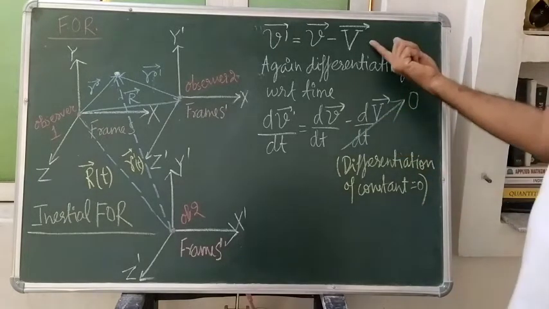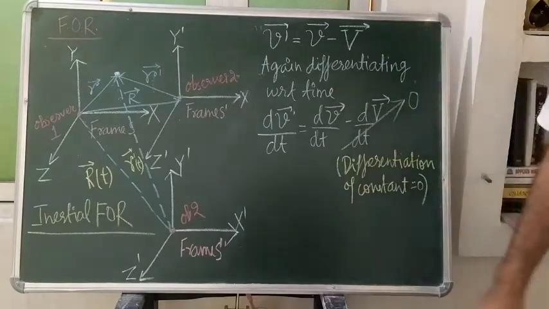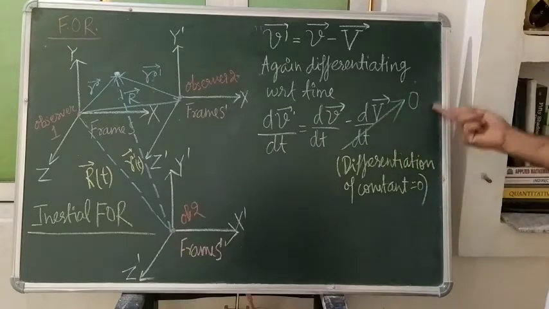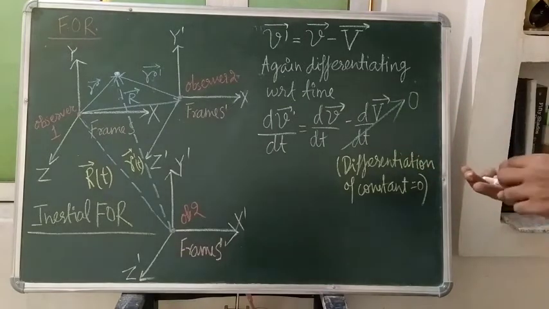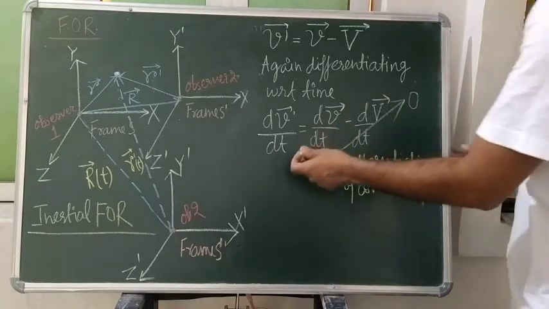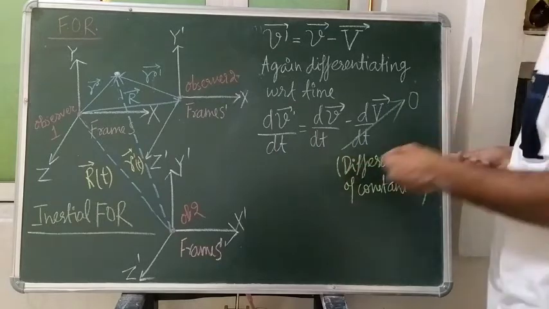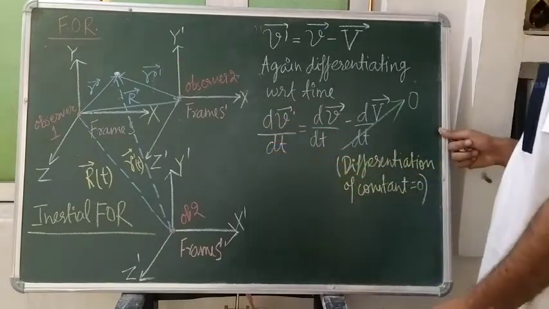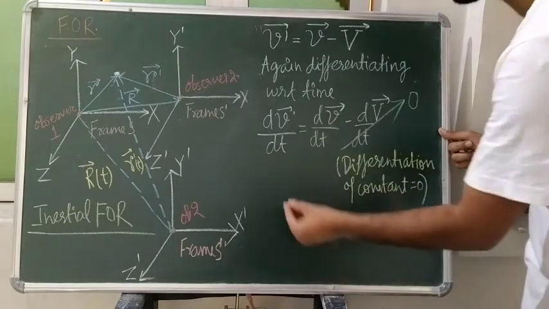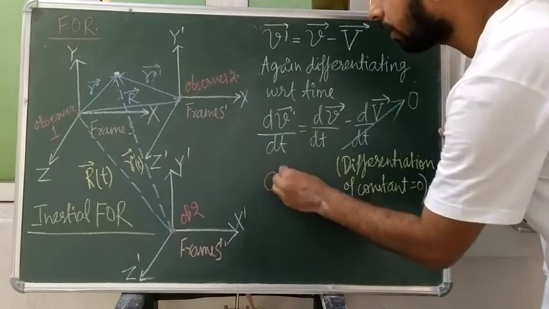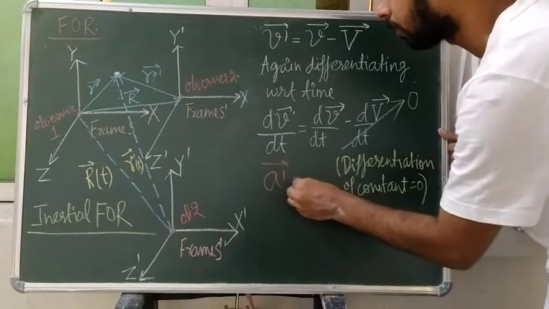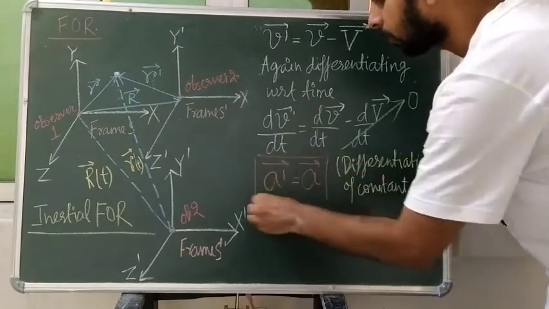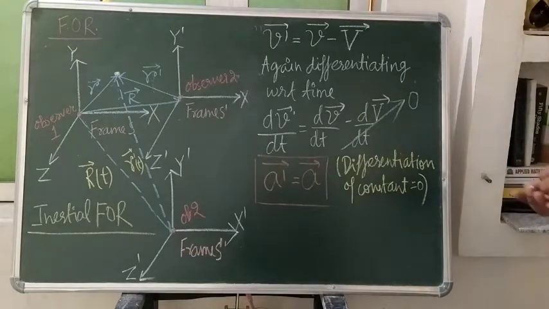This capital V is the constant velocity of that frame S prime, so this will become equal to 0, and here we will get the expression that it is nothing but our change in velocity divided by change in time. So that is acceleration. So that small a prime vector will become equal to small a vector. What is the small a prime vector?